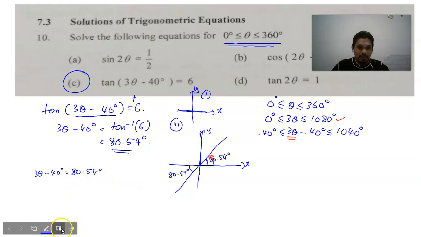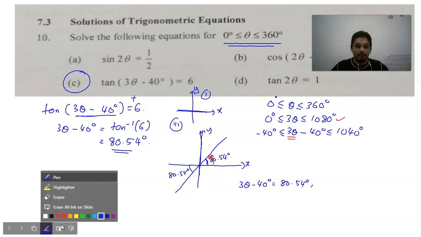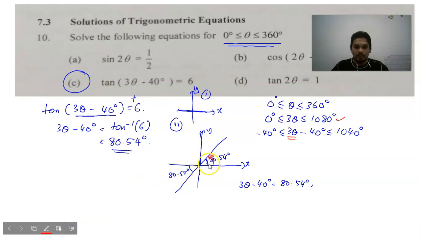Take a space here, so 3 theta minus 40 degree equal to first angle here, which is 80.54 degree, and next is from here, then you stop here, which is 180, half of the cycle of the circle, 180 plus 80.54.